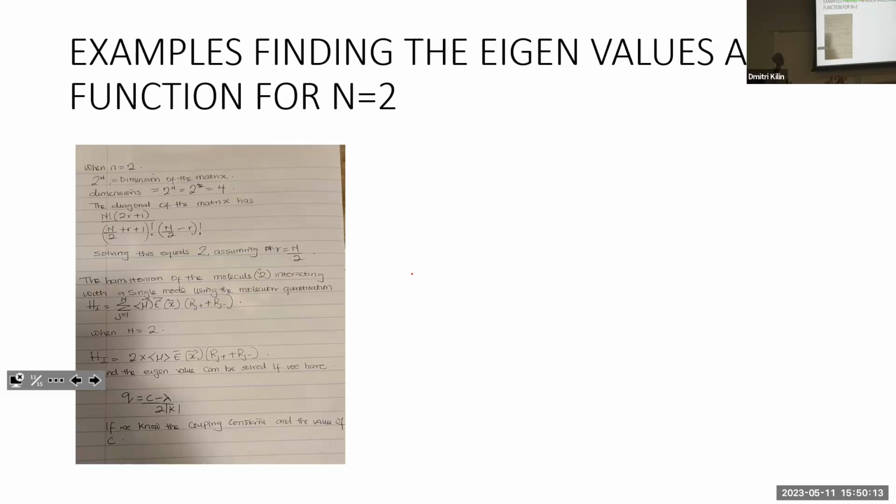If I have the units, I should be able to solve for the Hamiltonian of the interaction and get the eigenvalues of the system by knowing the coupling strength, which is your K. Your C is mostly the same as your R, and lambda is your eigenvalue. If we know the coupling strength, we can find the value of C, and the eigenvectors can also be solved using the formula I showed previously.